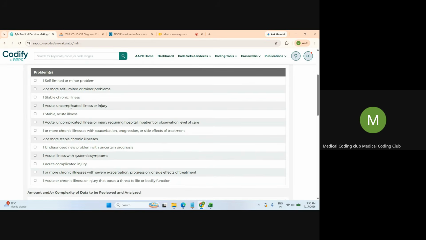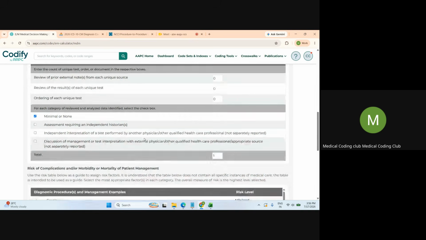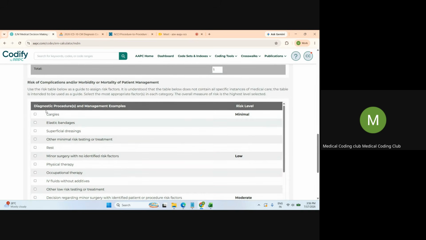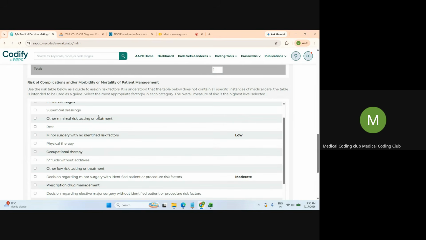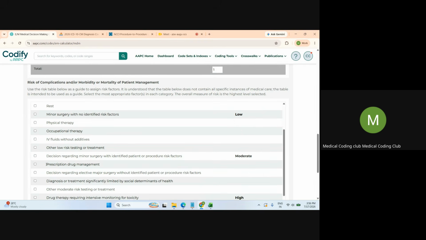See here, I already told you, we had acute uncomplicated illness, and then coming to data points, data was 0, so I'm going to select minimal or none. Then coming to procedure, which is risk, we had prescription drug management.